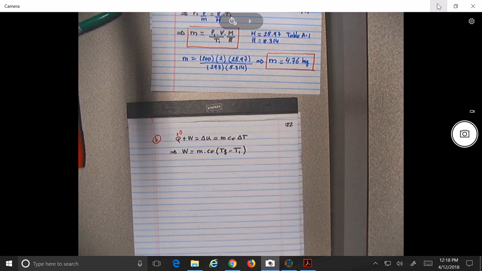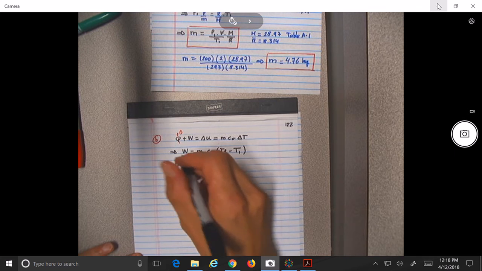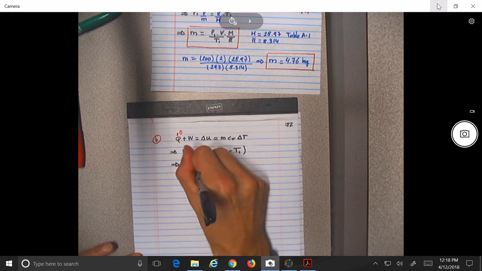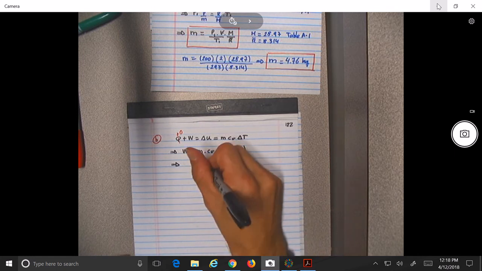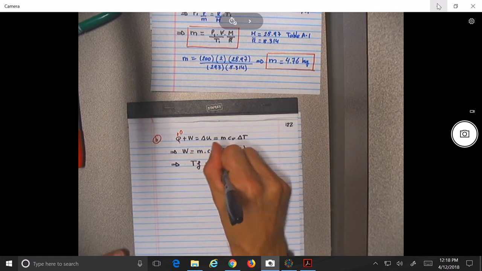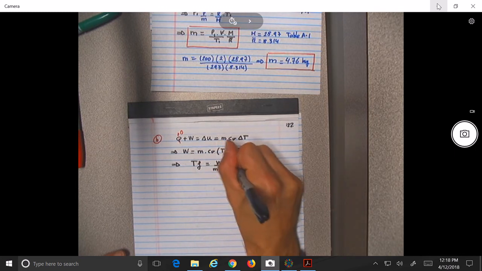The 293. So from here, we can solve for T final, which will be equal to work divided by m C sub V.